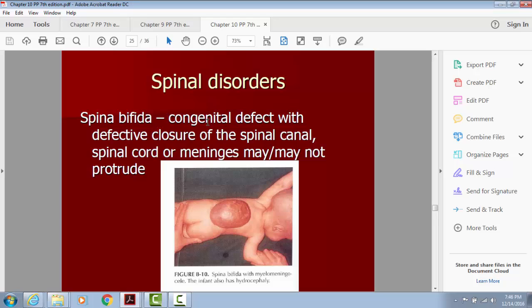So this happens when the mother is pregnant and there's just failure of that neural tube to adequately form. And so that's why they do ultrasounds on mothers many times, is to look at the spine to see if there are any abnormalities, because they can actually do some surgeries in utero to correct spina bifida.